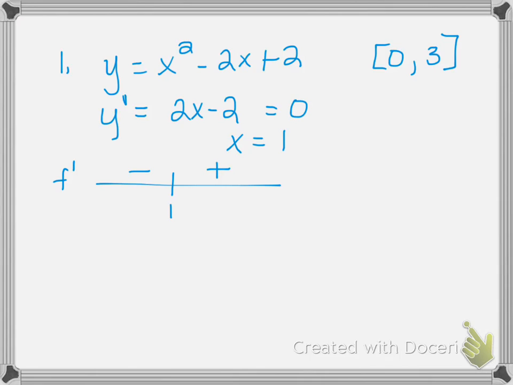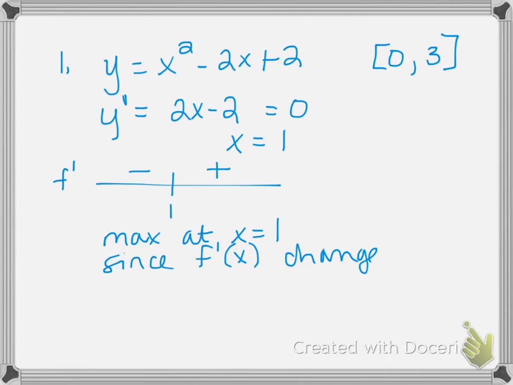And what that tells me is that there's a max at x equals 1, since f prime of x changes negative to positive. Now, once you figure out whatever's going on, and you know what, that was supposed to be a min. Since it's going negative to positive, that should be a local min, not a max.